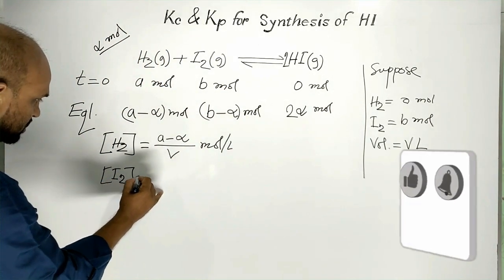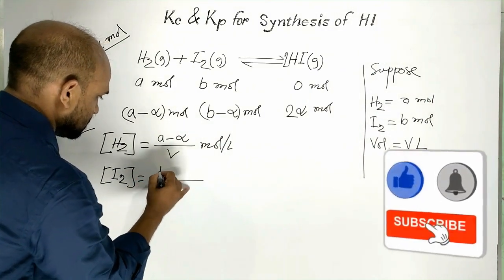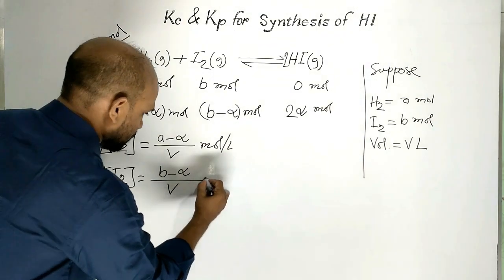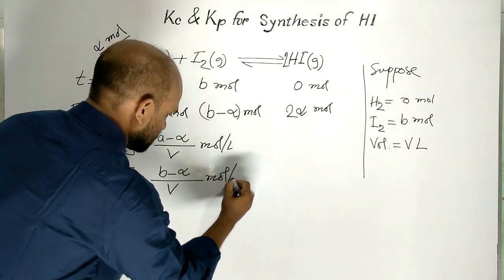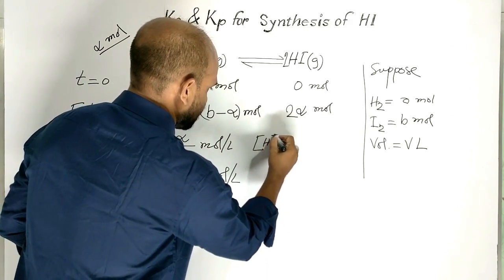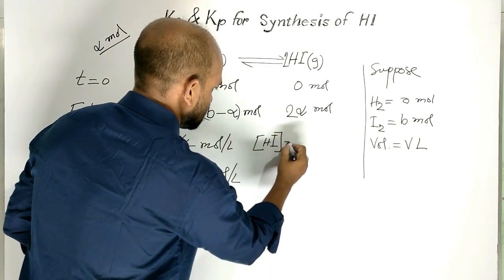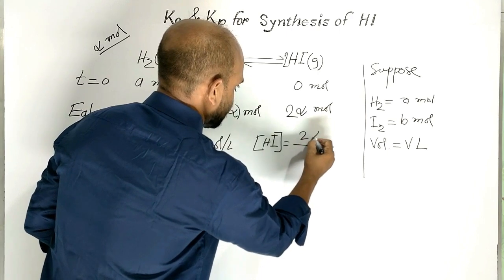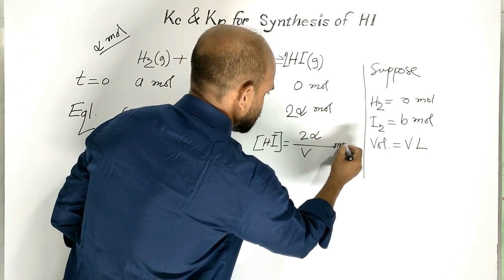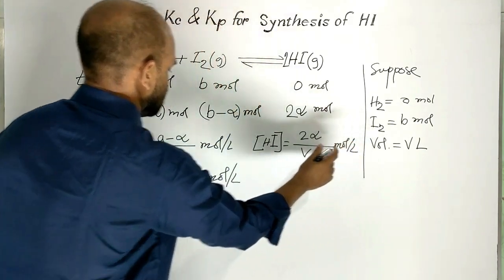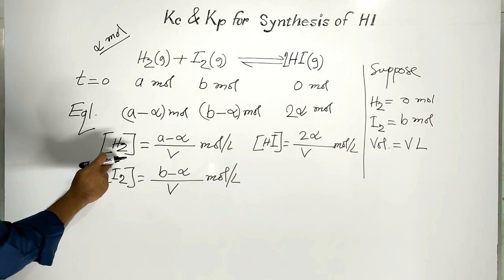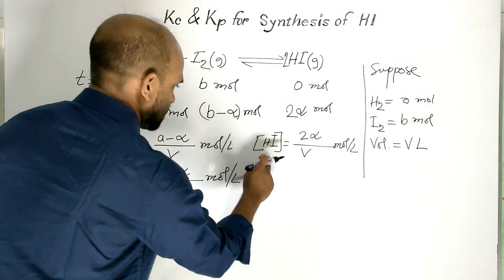Concentration of iodine is B minus alpha divided by volume of the reaction, and concentration of hydrogen iodide is twice alpha divided by volume. This is mole per liter. Now we have the concentrations of hydrogen, iodine and hydrogen iodide.